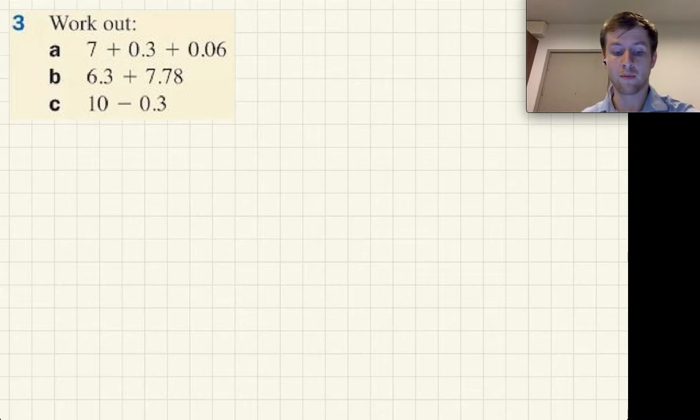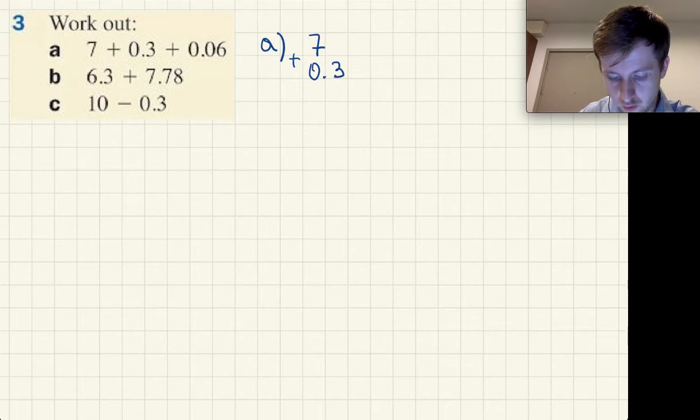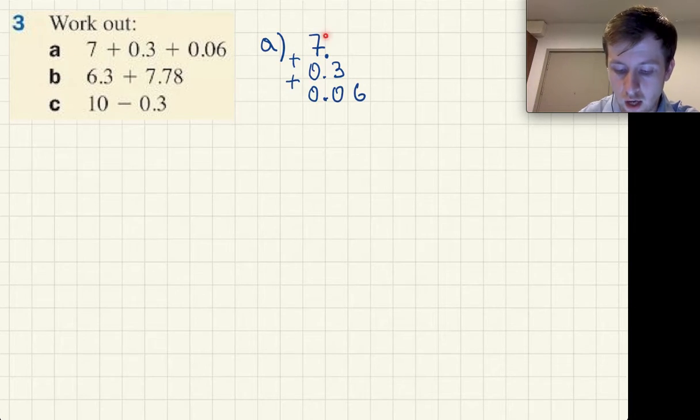I will show you what I mean. So 7 plus 0.3 plus 0.06. So we write it like this: 7 plus 0.3, the point is here, plus 0.06. You see, we have to align all these points on the same line.